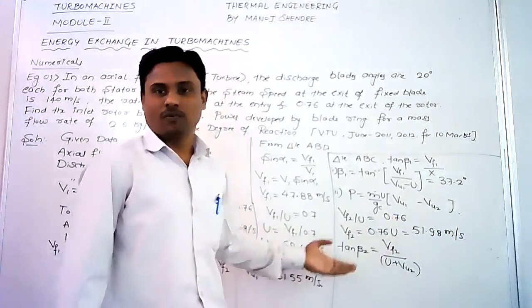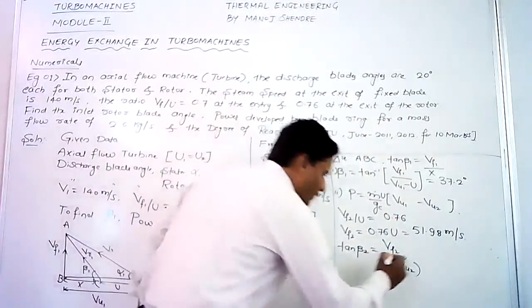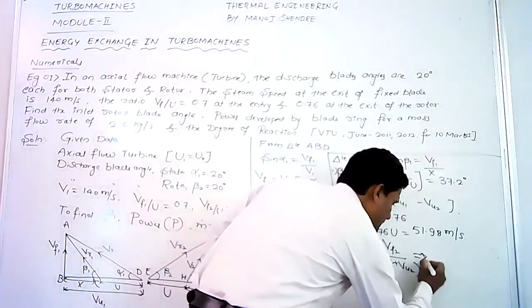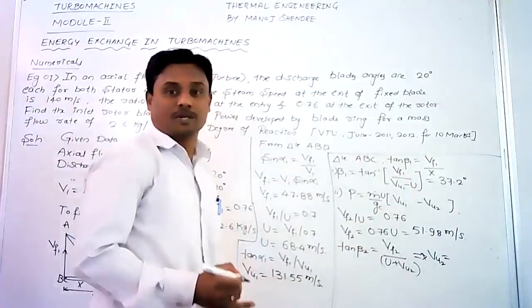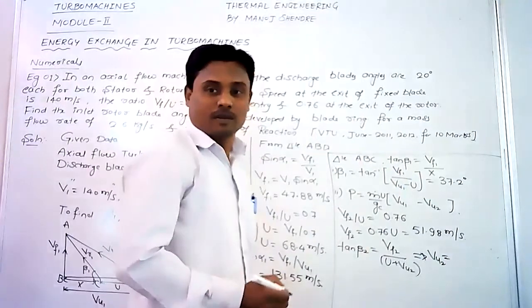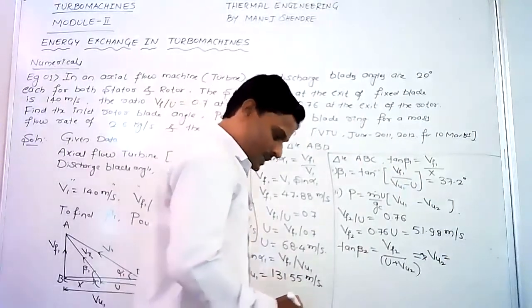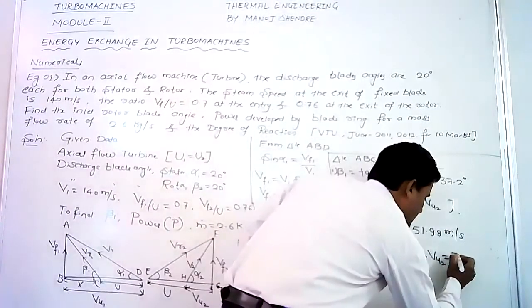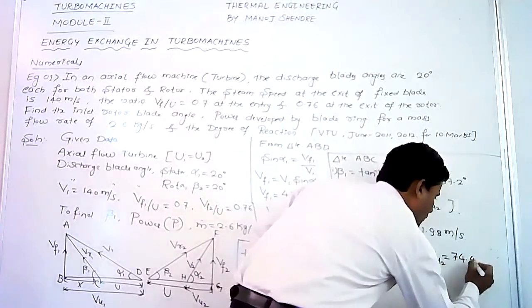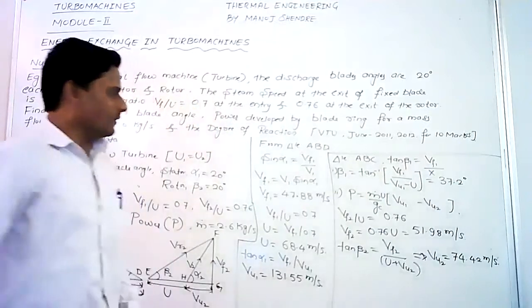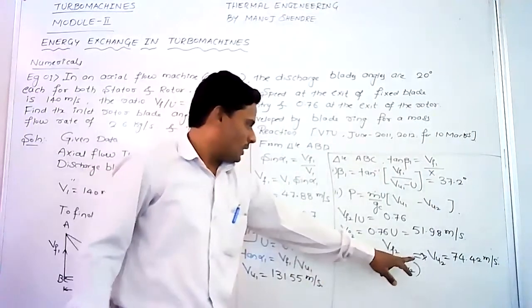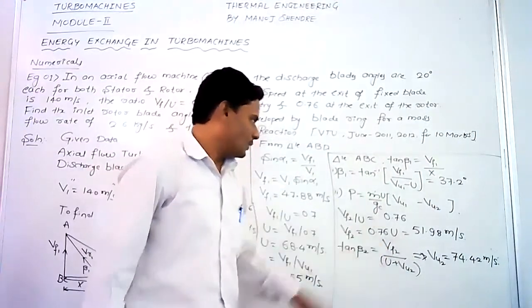Substitute and get the value of Vu2. It's your duty to do the substitution and the calculation. Vu2 is 74.42 meter per second. So we got the value of both Vu2 as well as Vu1.